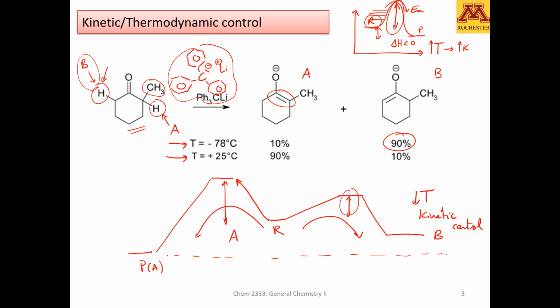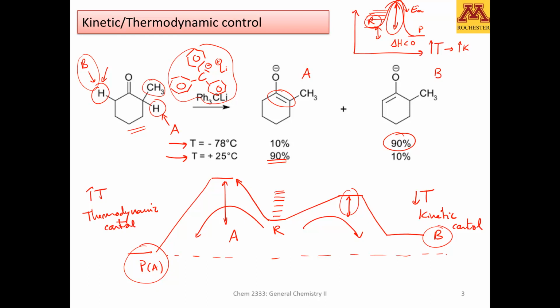However, at higher temperature, let's say that reactants keep having more and more temperature, more energy, so now what matters is the stability, or the relative stability, of the products. In this case, at higher temperatures, you will have what we call thermodynamic control, because the largest amount of product that you get is from the most stable product.